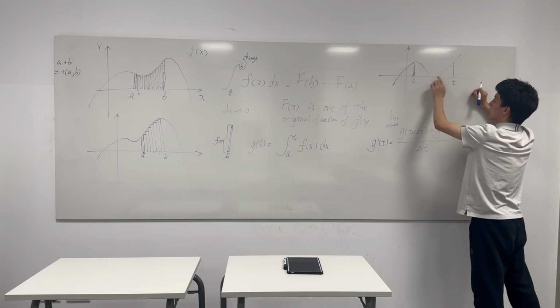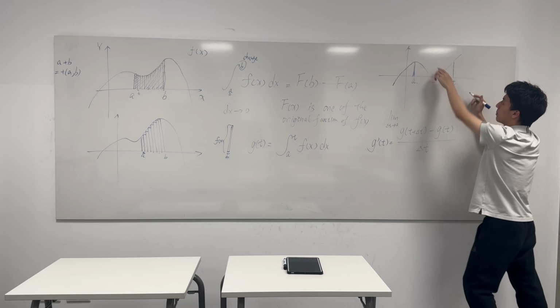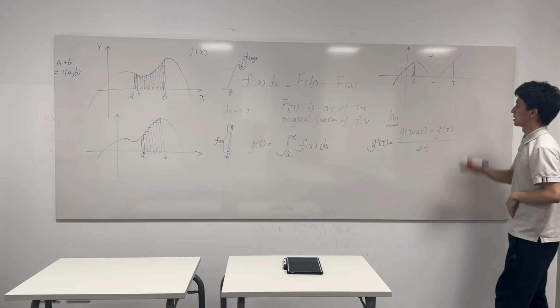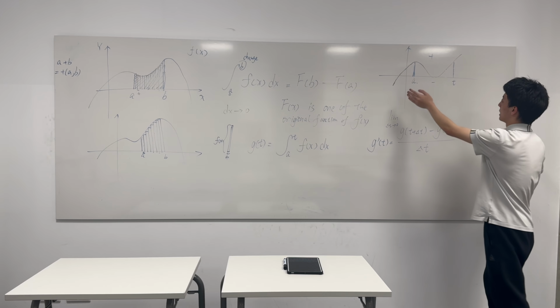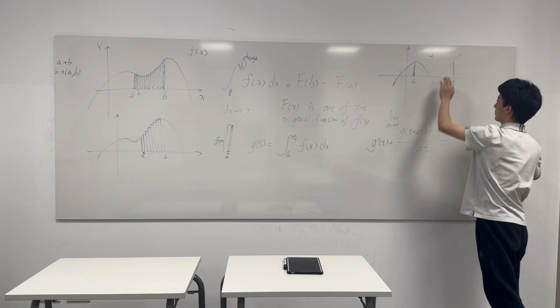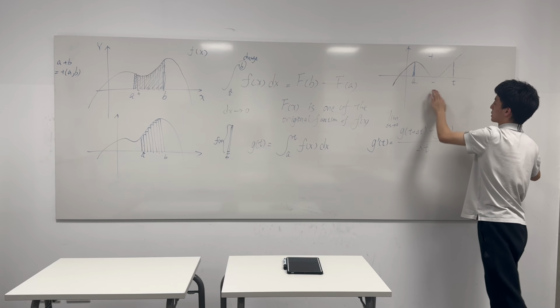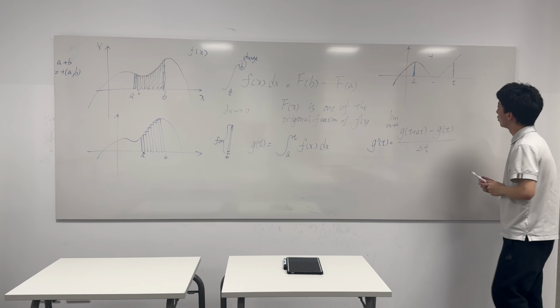Also remember, above the x-axis is positive, under the x-axis is negative, and always from left to right. From left to right is positive, from right to left is negative.